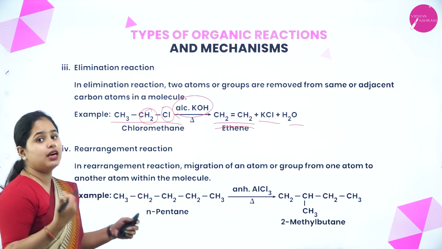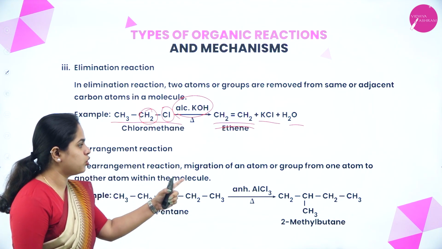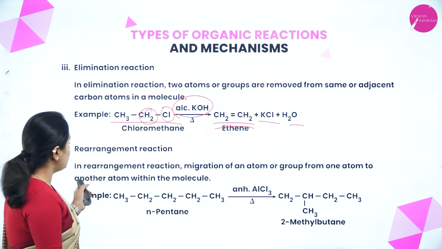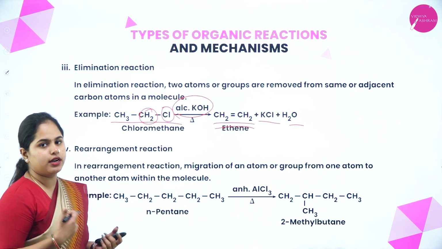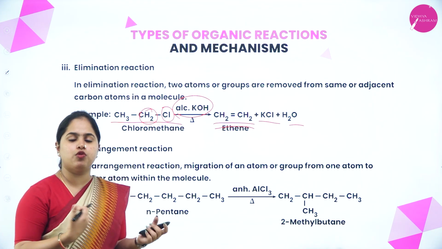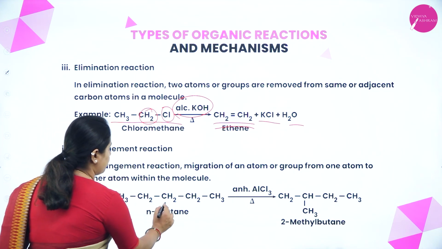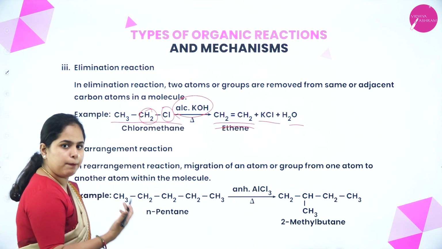The next one is rearrangement reaction. In a rearrangement reaction, migration of an atom or group of atoms from one atom to another within the molecule is called rearrangement. Rearranging means within a molecule, the atoms or groups of atoms are being rearranged. As you can see, 1, 2, 3, 4, 5. It is normal pentane, right?